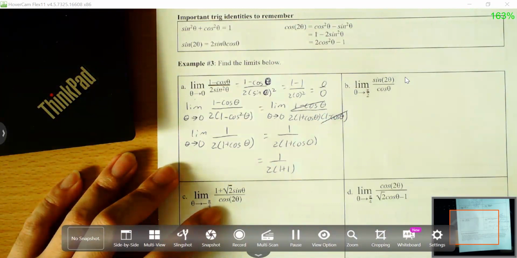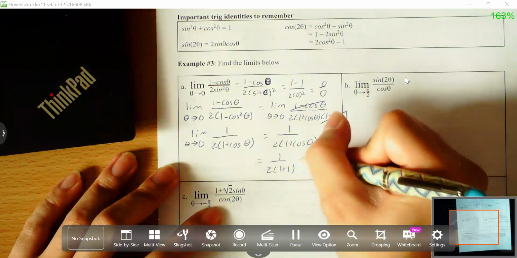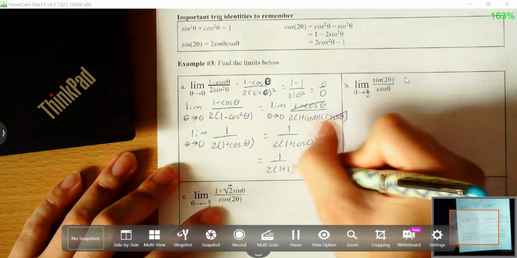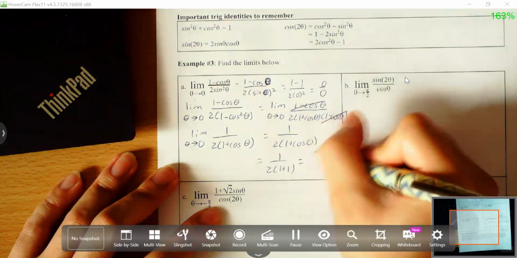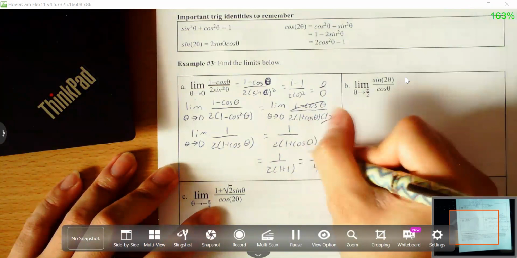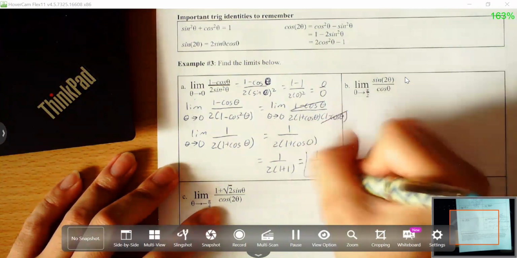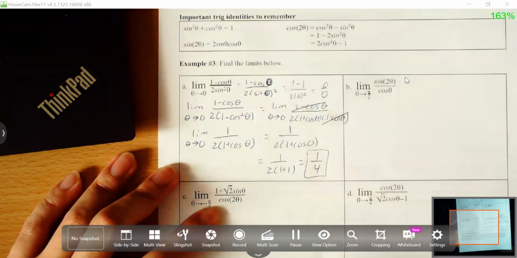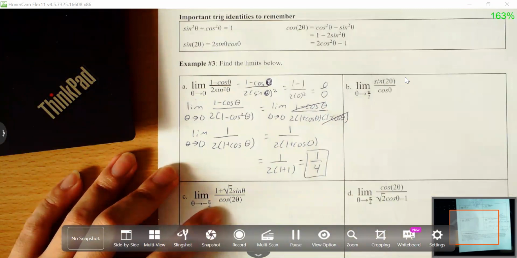And then this is going to be equal to, 1 plus 1 is 2. I skipped the step there, but you should know that that's 1/4, right? 1 plus 1 is 2. 2 times 2 is 4. Limit is 1/4.